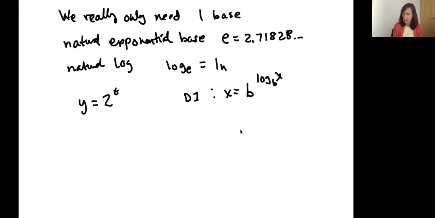Okay, remember that? It's kind of one of the high points of the last lesson. What does that mean when the base is e? x equals e to the natural log x. So again, all these things are really saying is they're just reminding us of the fact that these are inverse functions.